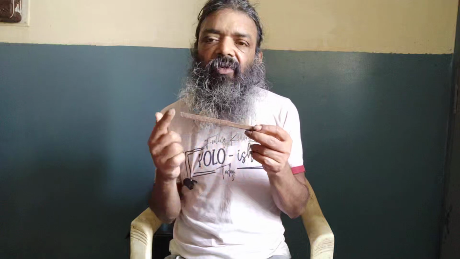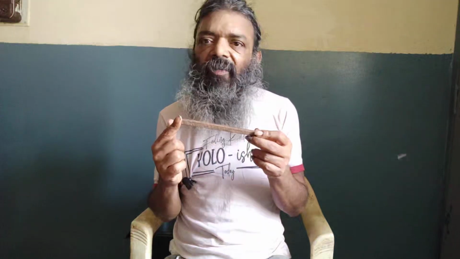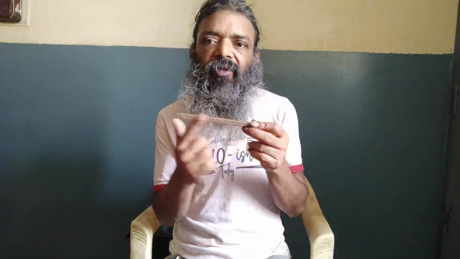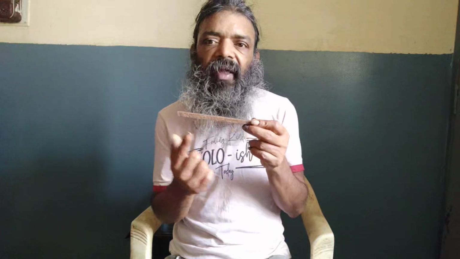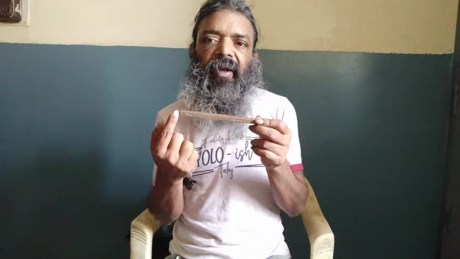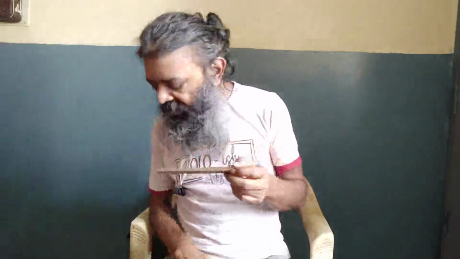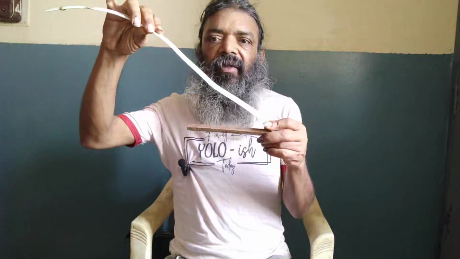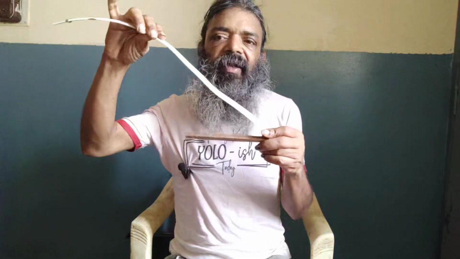I have chopped 0 to 1 into 10 different parts. If I take x on the x-axis, this is 1 by 10, this is 2 by 10, this is 3 by 10, this is 10 by 10. I have a slant line, and its equation is x.